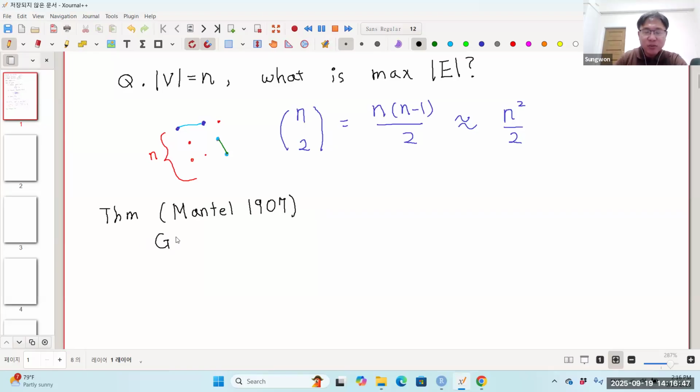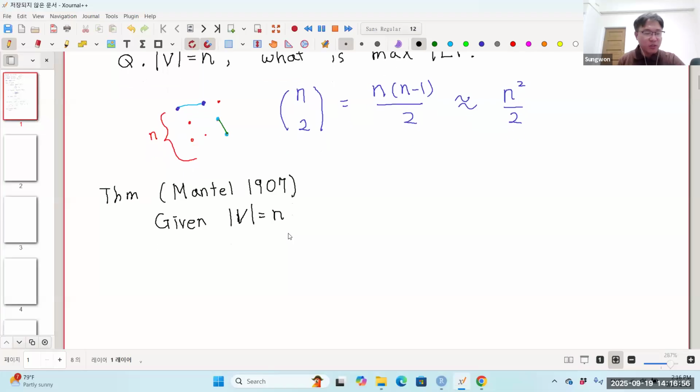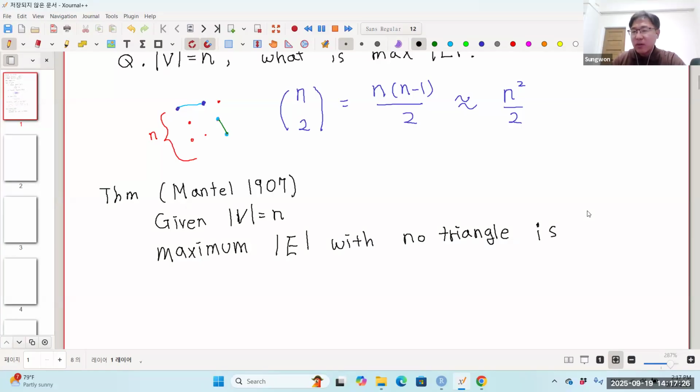He showed that given n vertices, the maximum number of edges with no triangle must be smaller than n squared over 2, right?